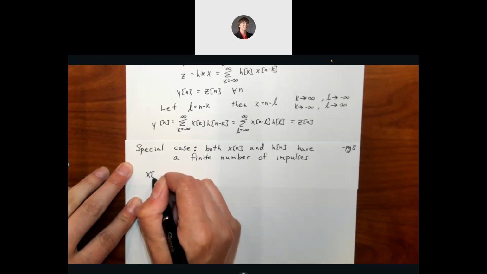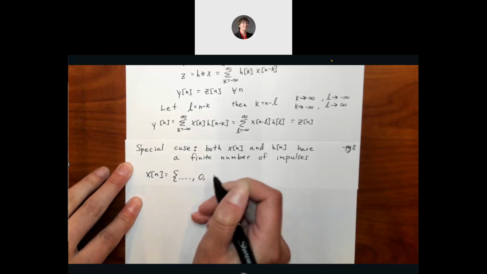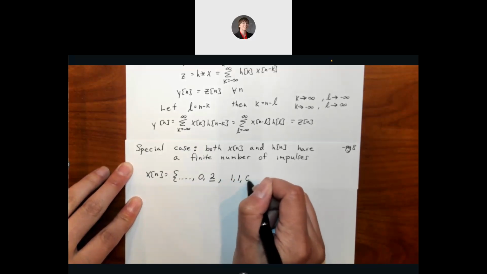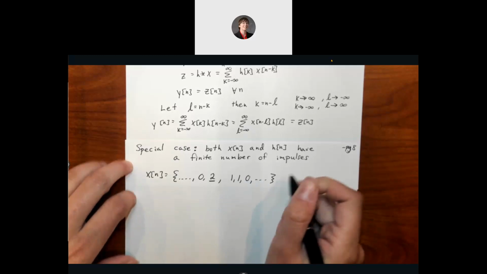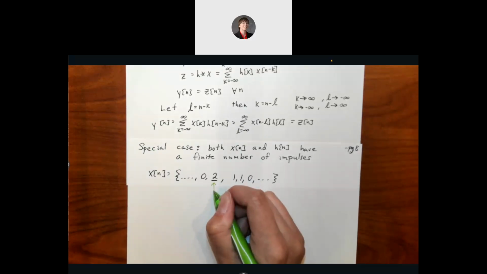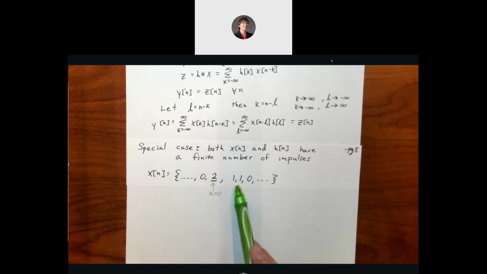So let's take, for example, let's say that we have x of n, a bunch of zeros, and then we have 2, 1, 1, and a bunch of zeros. Okay, so remember our notation. What that under bar means is that corresponds to n equals 0.